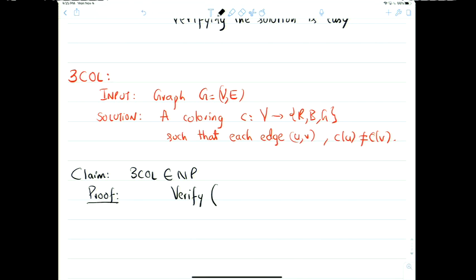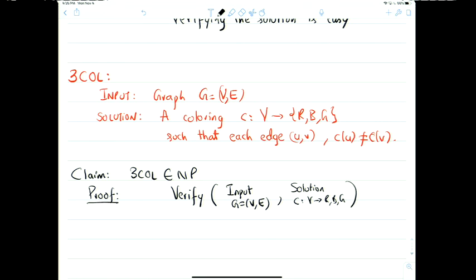The verification algorithm gets the input, which is the graph G equal to (V, E), and it also gets the solution, which is the coloring. It just needs to check if it's a solution to this instance.